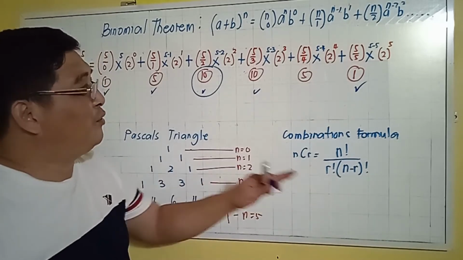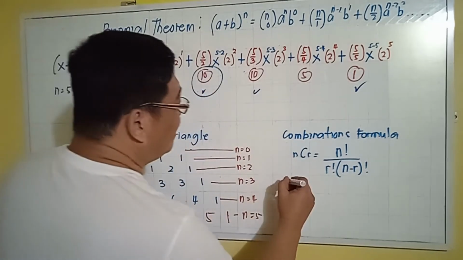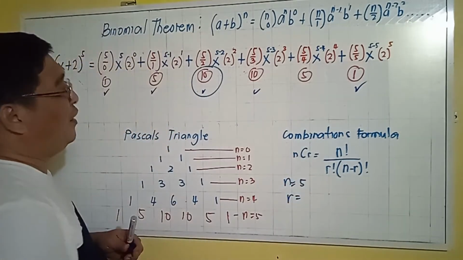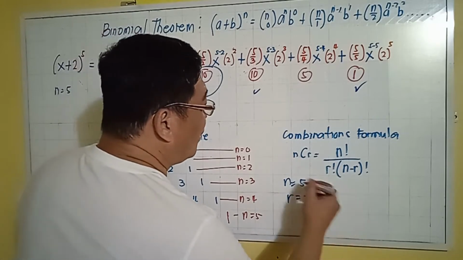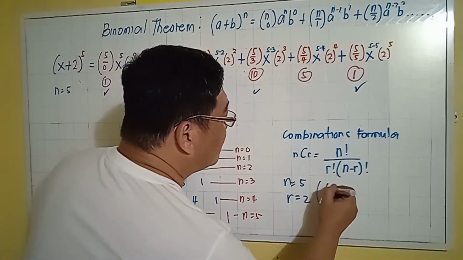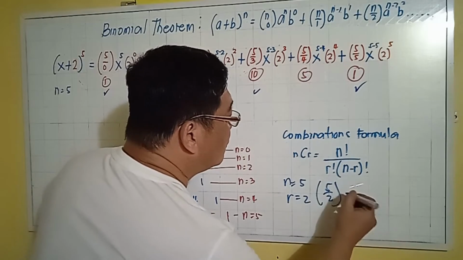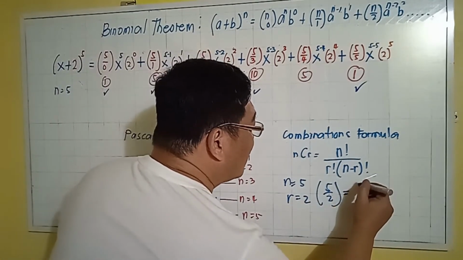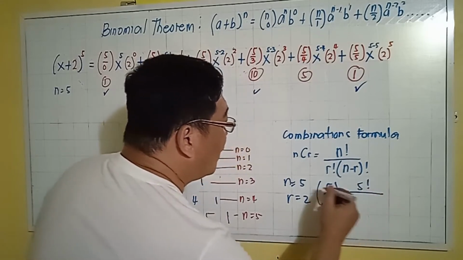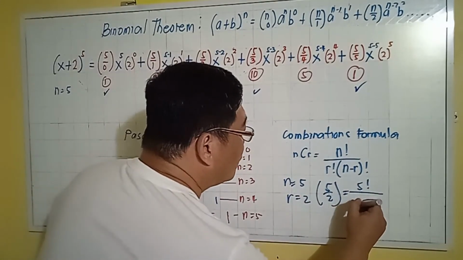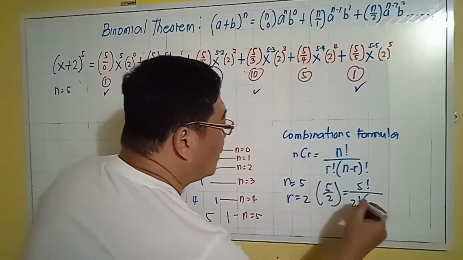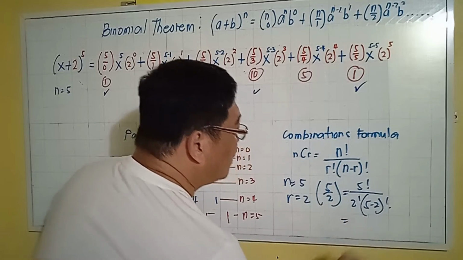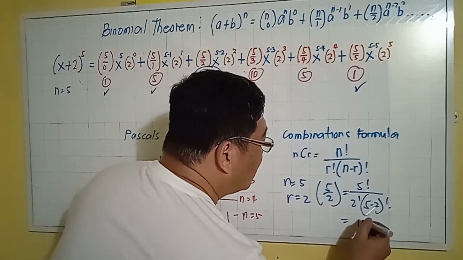So, we're going to substitute this value. If n is equal to 5, r is equal to 2, we have n factorial over r factorial, 2 factorial multiplied by 5 minus 2 factorial, that is equal to 10.